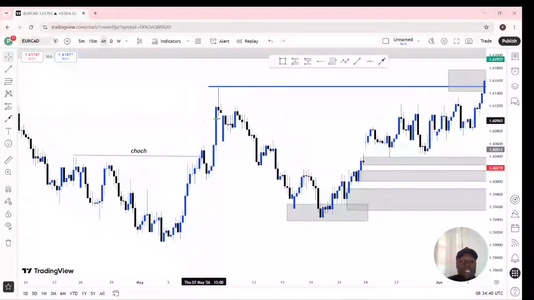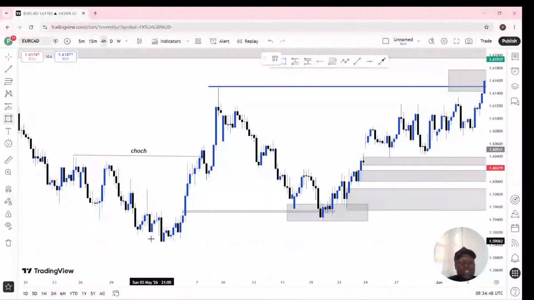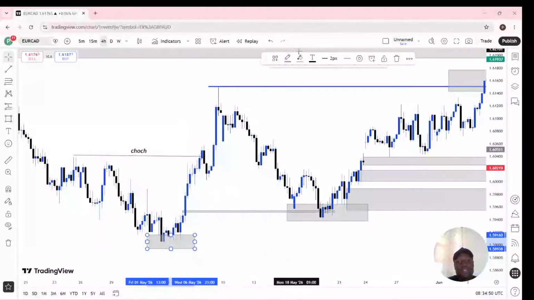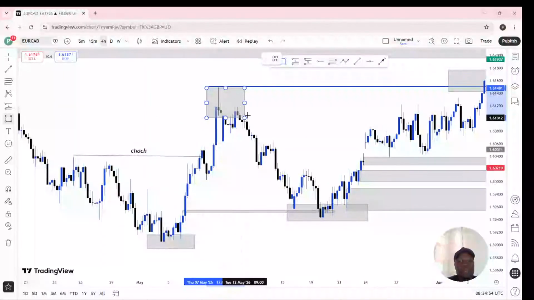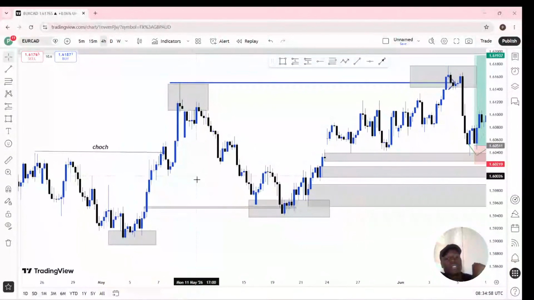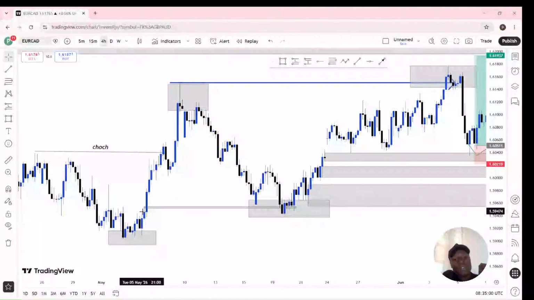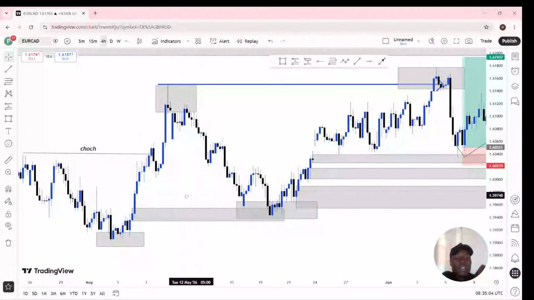Then we wait for the mitigation that will happen in discounted zones of that move, because we have to target this level, from this leg to the next leg where market pushed to, and then we wait for a retracement. So all we have to do is find the points of interest where price will reverse from.